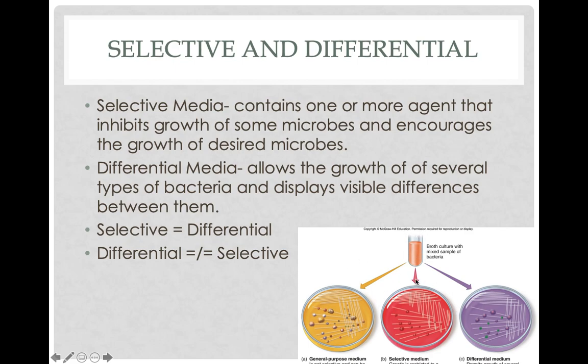A selective media, on the other hand, is going to have some sort of ingredient inside of it that's going to kill most of the stuff in here that you're not concerned with. Let's say you think as a doctor they have a staph infection. Staph really likes salt. Doesn't love salt, but it can tolerate salt. Most of the other bacteria that are going to be found on humans or in humans can't tolerate salt so well.